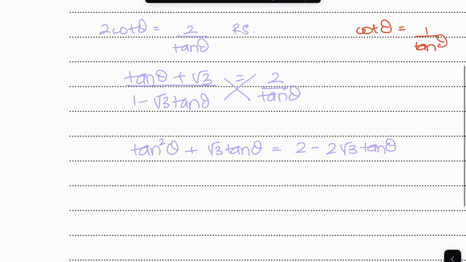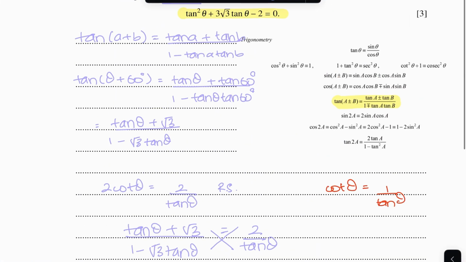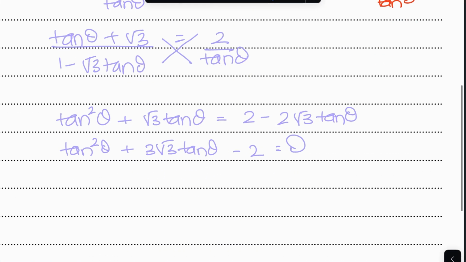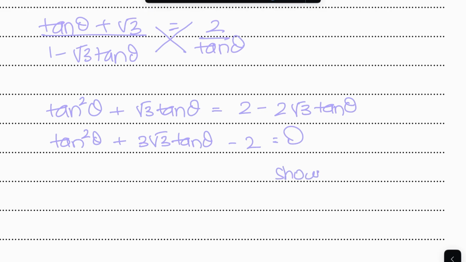If we do some rearranging now, we will have tan square theta plus root 3, and this will become plus 2 root 3, so that will be 3 root 3 tan theta. The 2 will come on the other side and become negative, so minus 2 equals 0. And that is the form that they asked for. So it is shown.